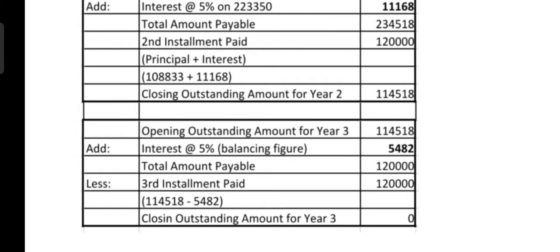Now for year 3, the opening outstanding amount is 1,14,518. Okay, this is the third year. If we calculate exactly 5% on this outstanding amount, we will get some extra value.